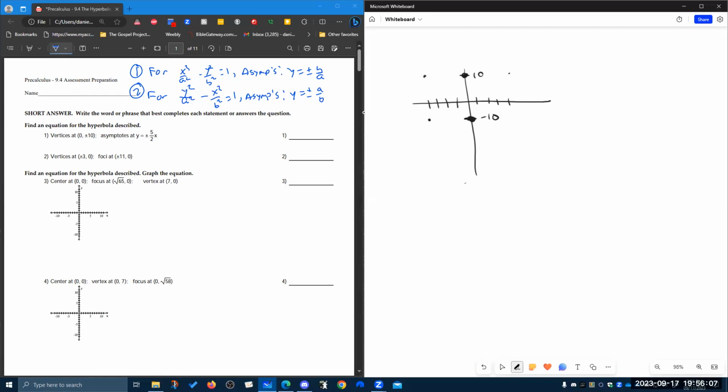here and there. Those are the corners of the box that is made by the asymptotes. You can just imagine this box right here that goes through the vertices, and this distance here to the vertex is A, and that's up and down.